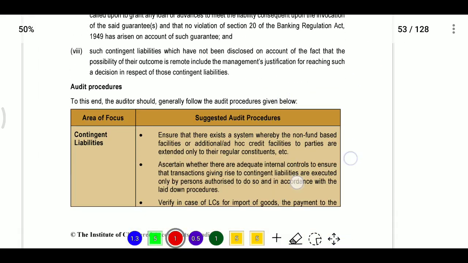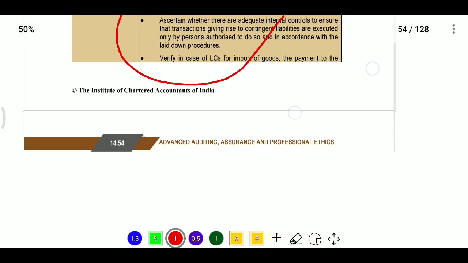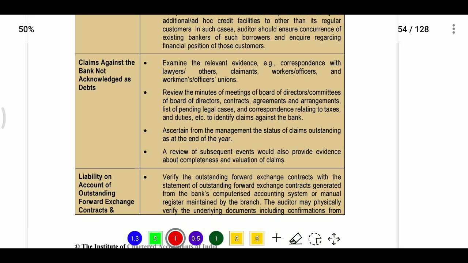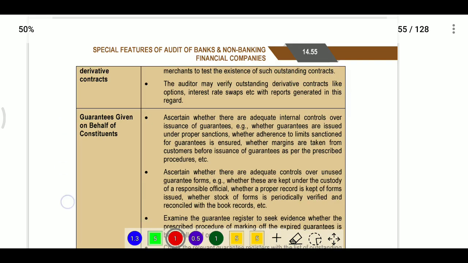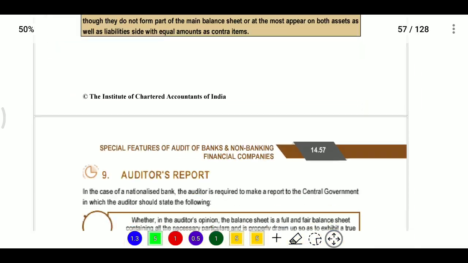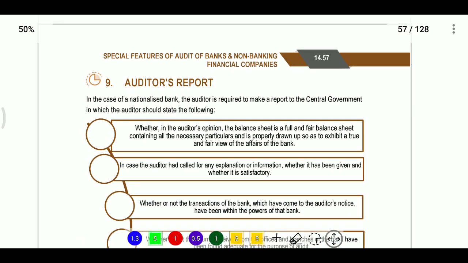This is contingent liability, which we have explained. For claims against the bank not acknowledged, we need to check what the management responsibilities are. Bills collection is not very important. Now audit report.